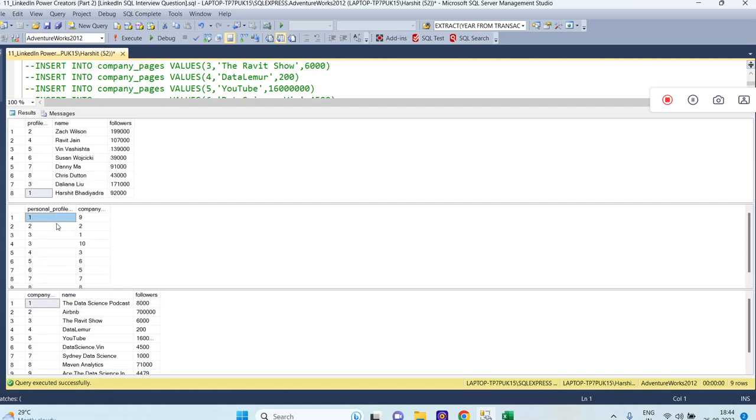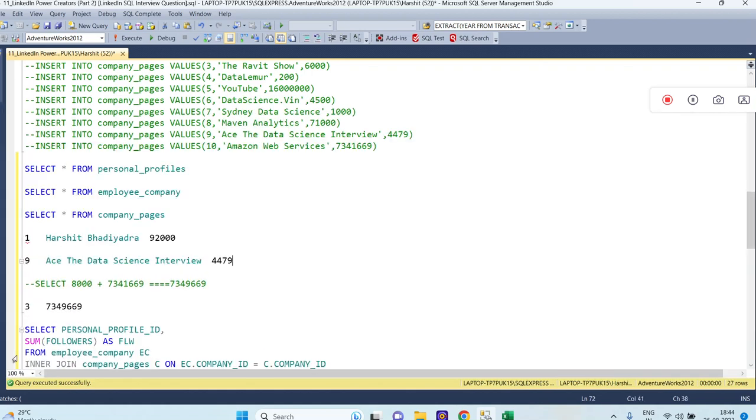So 1 is working for company ID 9. Now company ID 9 has how many followers? So one's follower count is greater than the followers of the company he is working for, right?